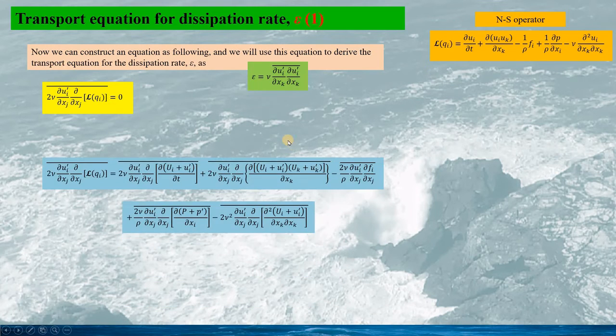So we substitute the NS operator into the constructed equation. We have the expression as this. Here we have 5 terms on the right-hand side of the expression, and we will examine all these terms in detail in the next 2 slides.